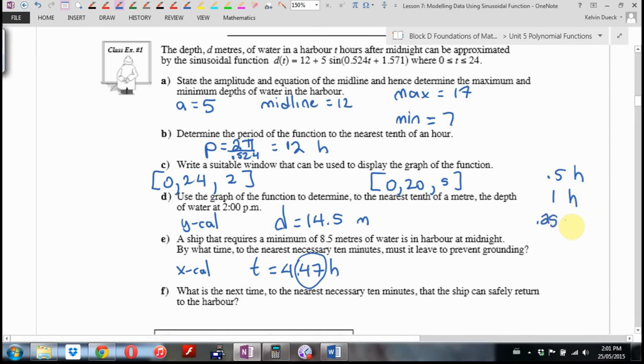Quarter of an hour, how many minutes? How can I change a 0.25 into a 15? 2 hours, how many minutes? 120. So how can I change that into a 30, that into a 60, that into 120? Times by 60.